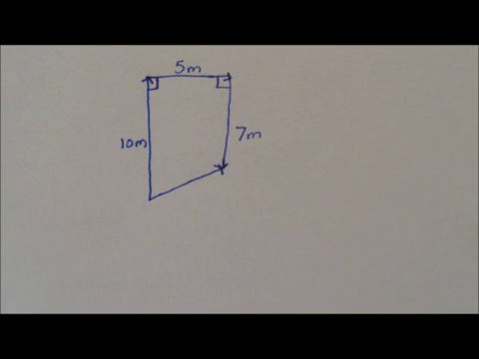So my next thought is, let's see if I can make it into different shapes. So as you can see here, this is where I put my dashed line. And I put another indication of a right angle, a 90-degree angle, that lets me know that I have a right triangle there.